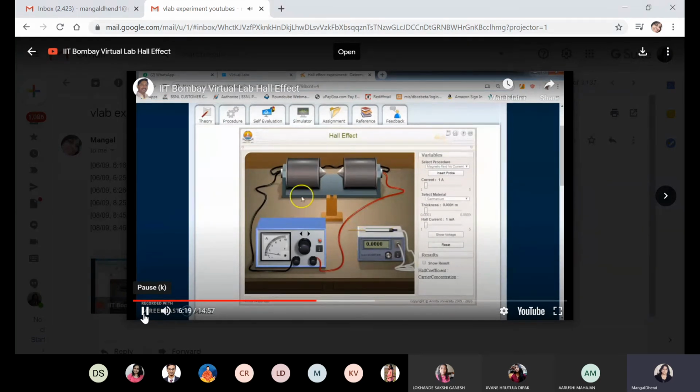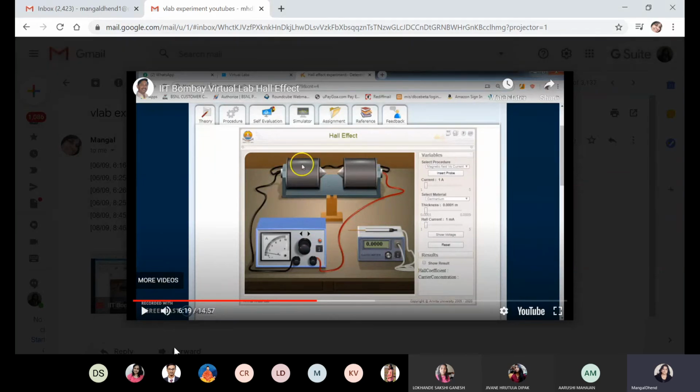Now what you see over here is the electromagnet. Have you opened, students? Whether it is open on mobile? Others? Yes, ma'am. Whether it is open on mobile? Ma'am, it's not opening on my phone at least.